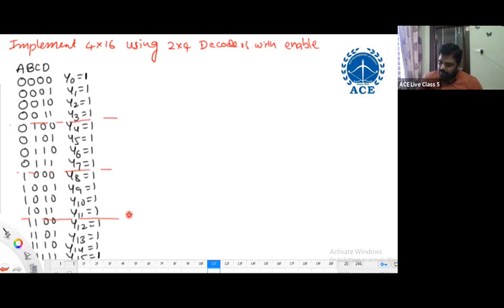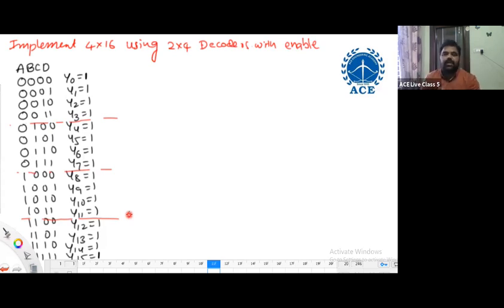So to produce 16 outputs, we need 4 number of 2 to 4 decoders in the end stage.